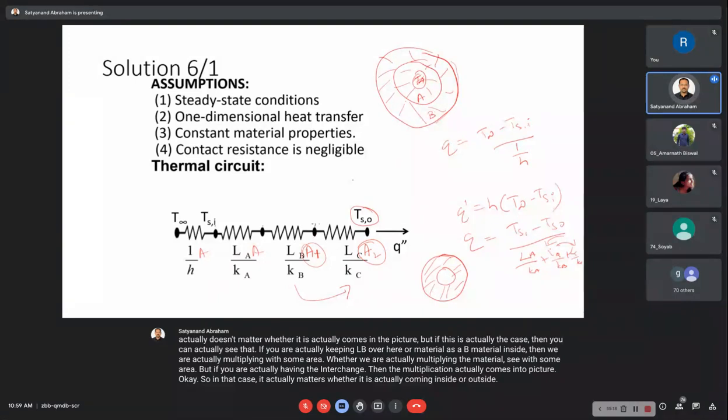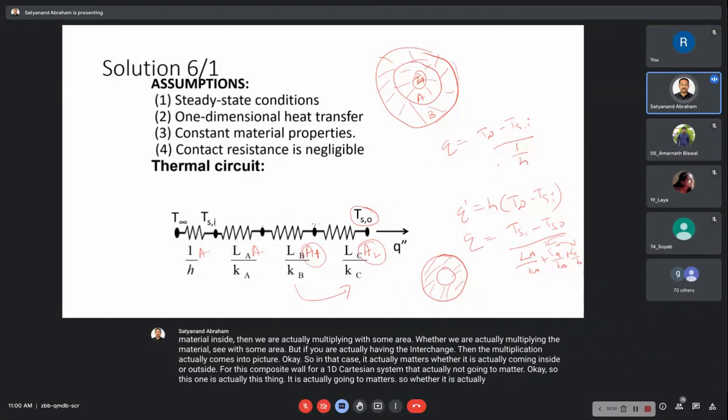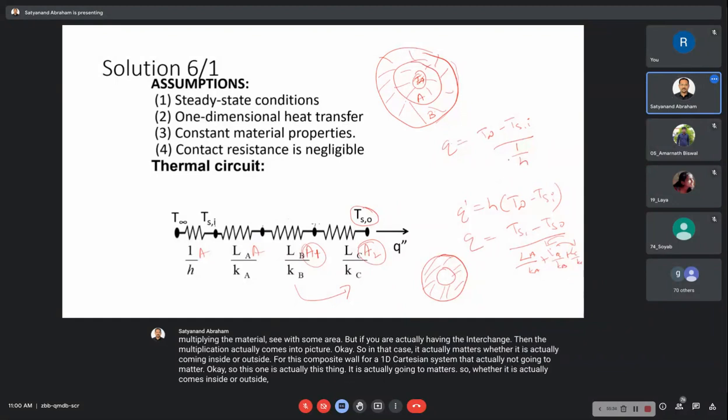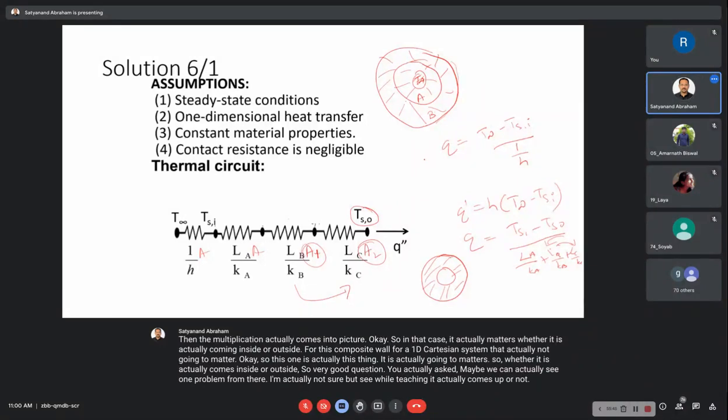For this composite wall, for a 1D Cartesian system, that is not going to matter, but here it is going to matter, whether it comes inside or outside. Yeah, so that is a very good question you asked. Maybe we can see one problem from there. I'm not sure, but let's see whether it comes up while teaching.